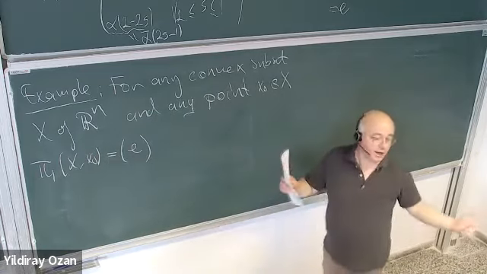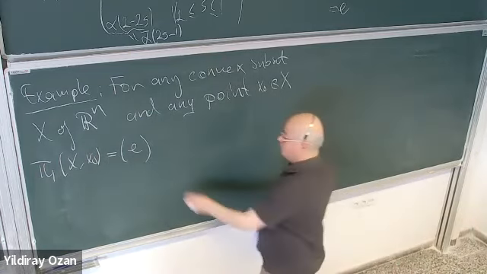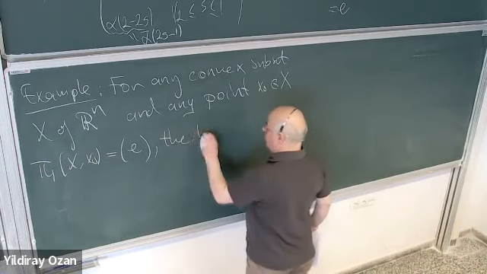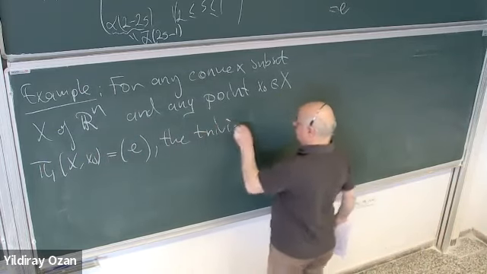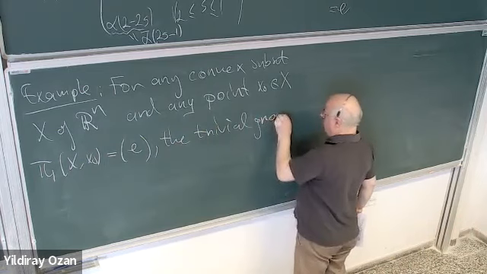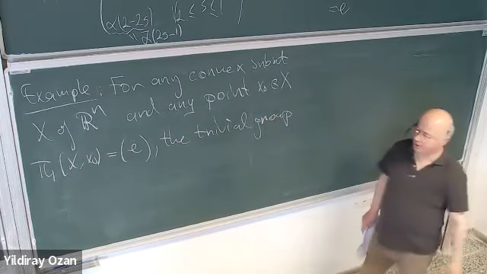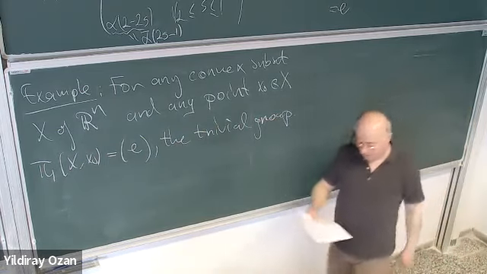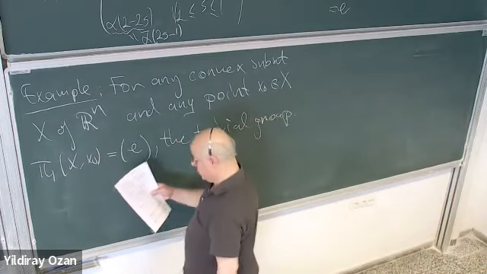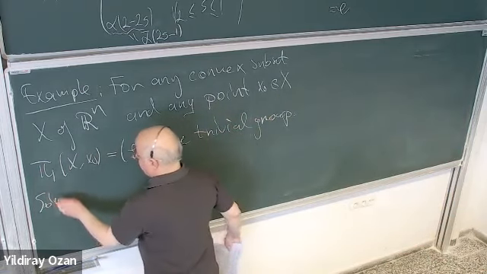So it has only the identity element, the trivial group. So a convex subset in that sense is not interesting, right? The fundamental group is just trivial. And why is that?